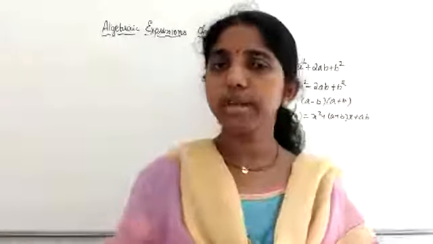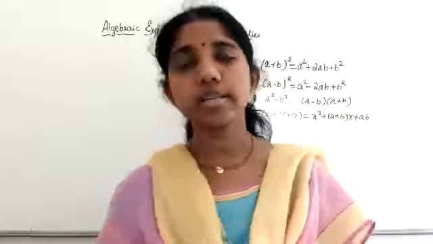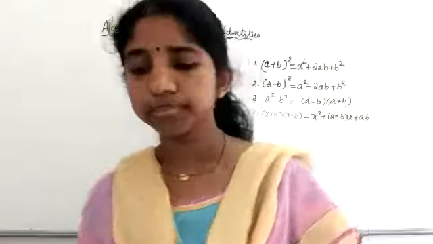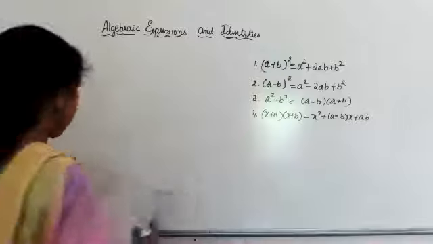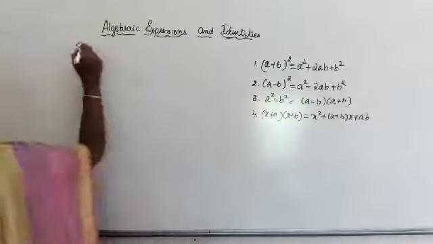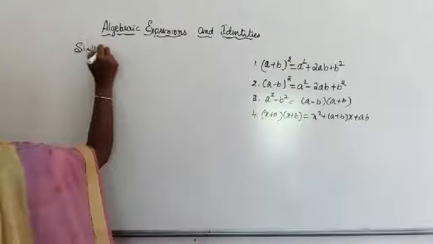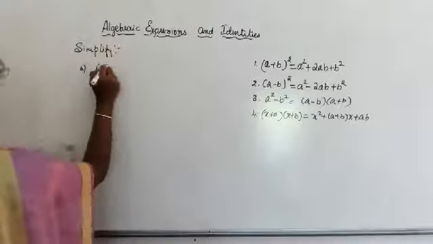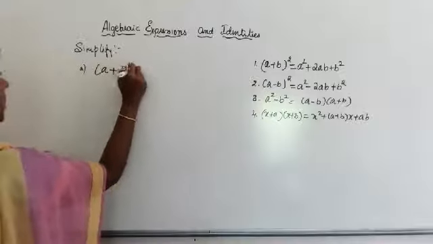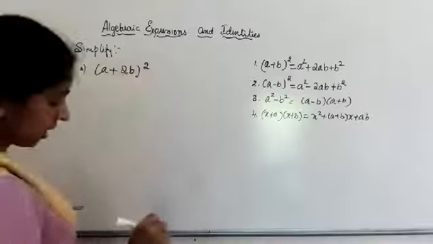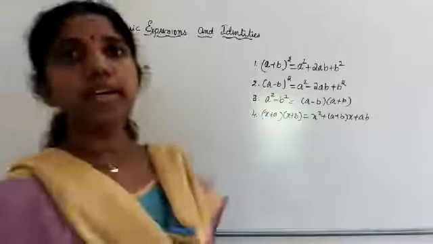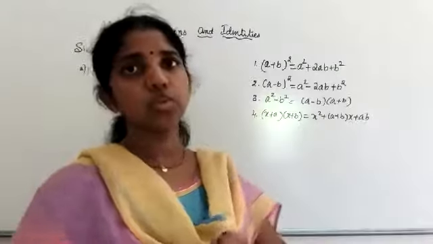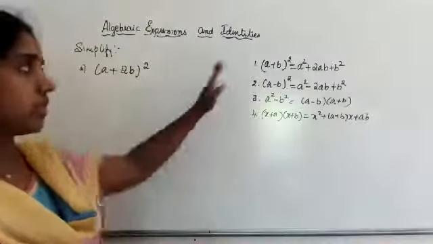Now, based on these identities, let us simplify some problems. The first one, simplify a plus 2b the whole square. This is the algebraic expression given here. We have to simplify it using one of these identities.